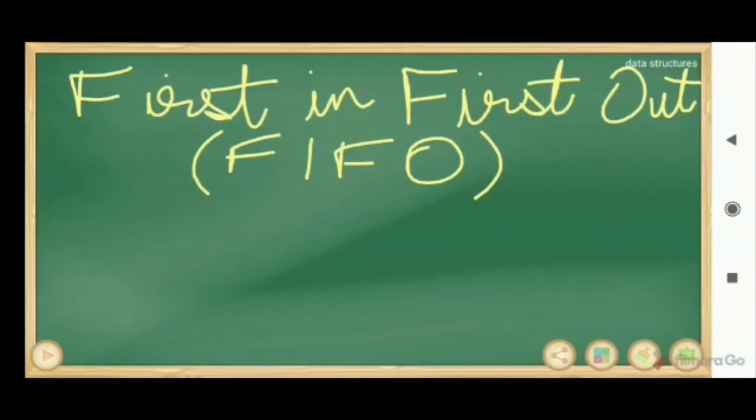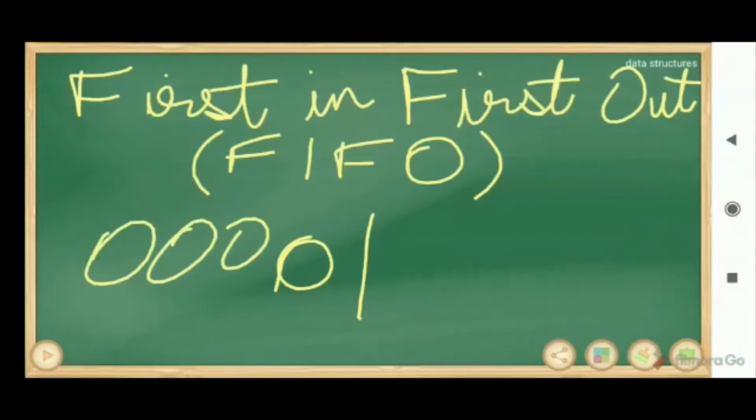Like you go to watch a movie, and there you have to stand in a queue in order to get the movie ticket. So here the person who gets in first, who gets on time, gets the movie ticket first, and the person who is standing last in the queue will get the movie ticket last. So in the same way, the data that is inserted first will be displayed out first.